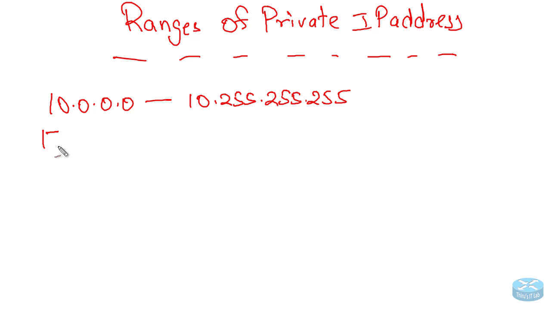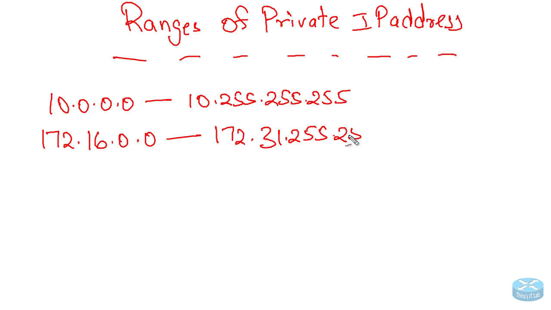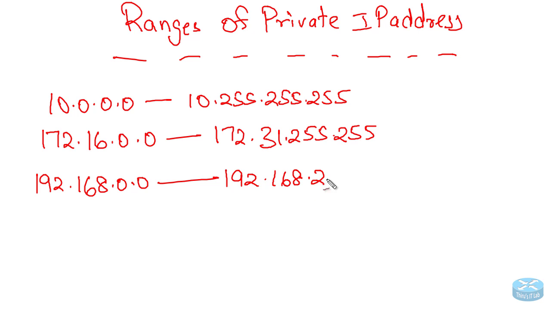The second range is 172.16.0.0 to 172.31.255.255. The third range is 192.168.0.0 to 192.168.255.255.